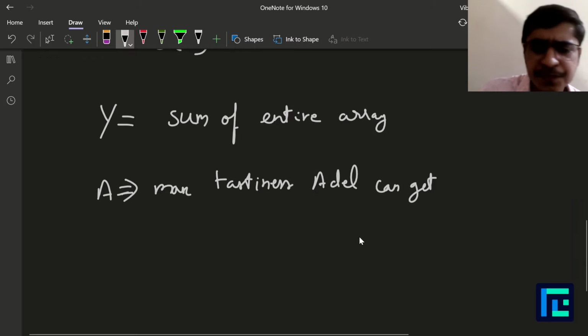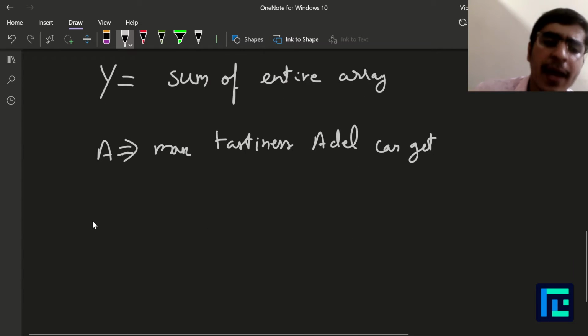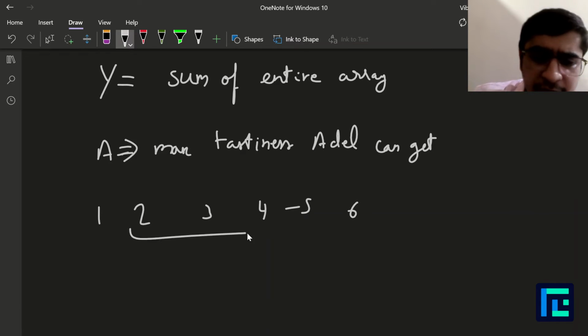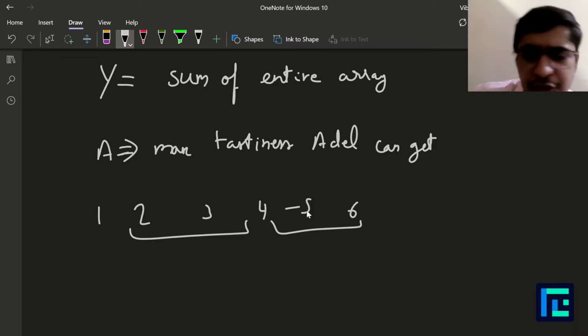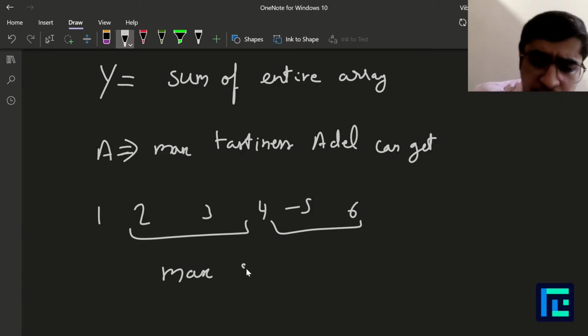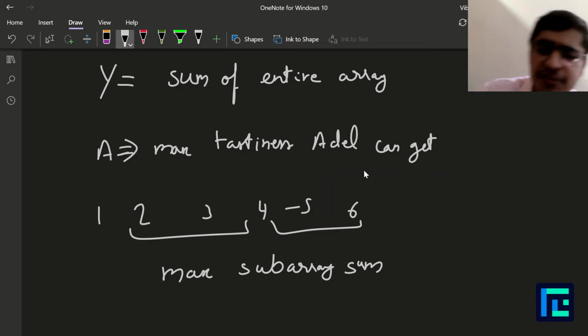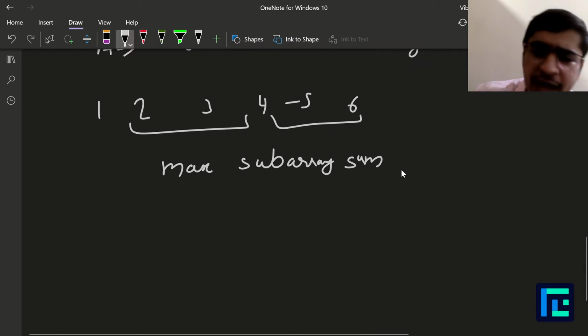Since Adel chooses subarrays from the array, we have some array, and Adel will choose some subarray, right? So the maximum tastiness that Adel can get would just become the maximum subarray sum of our array.